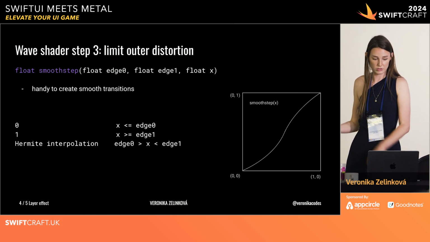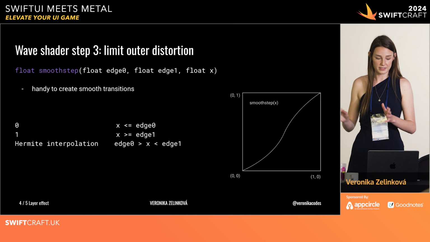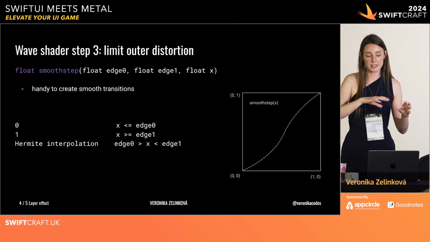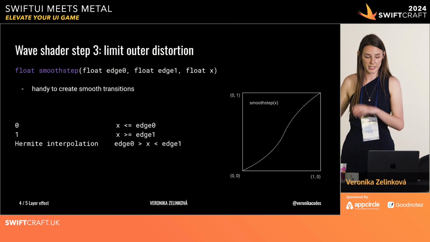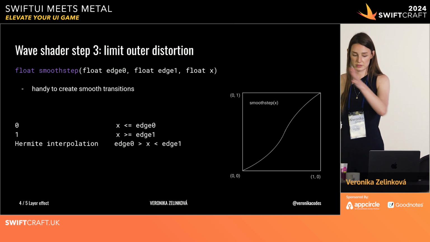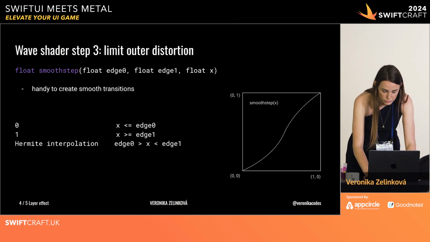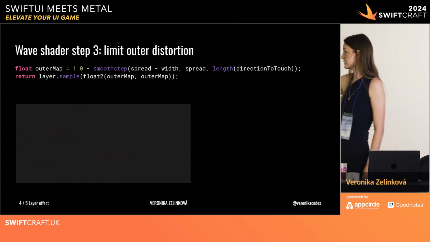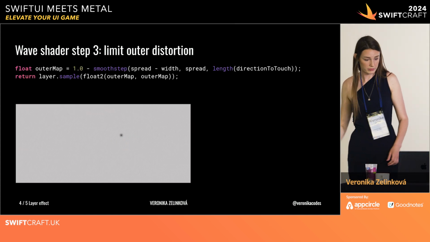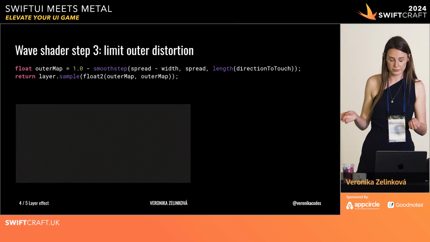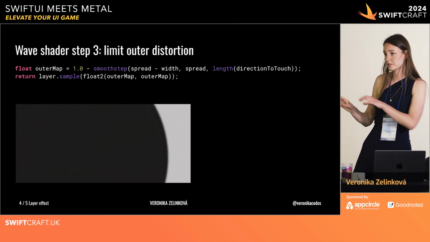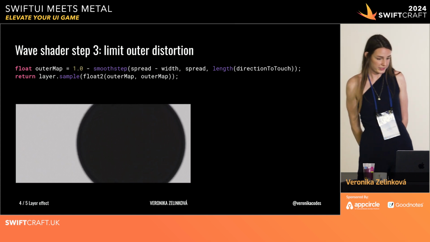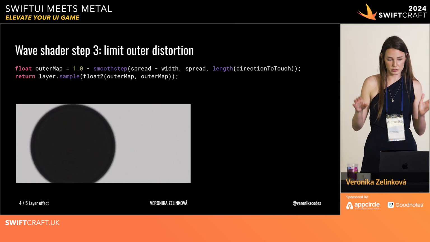If it's bigger than or equal to the second edge, it returns 1. For all the values in the middle, it smooths them using Hermite interpolation. So we are creating basically this map, where everything black will still be distorted, but all the white places won't be. To do this, we can just call smoothstep.